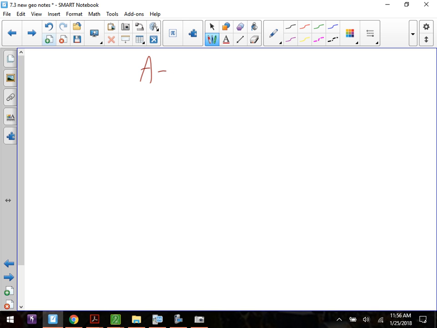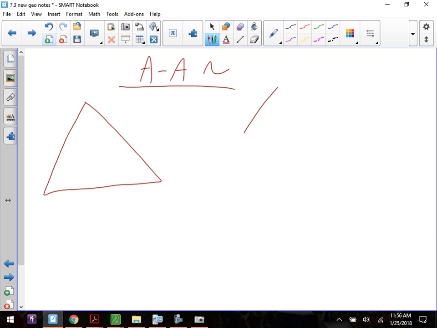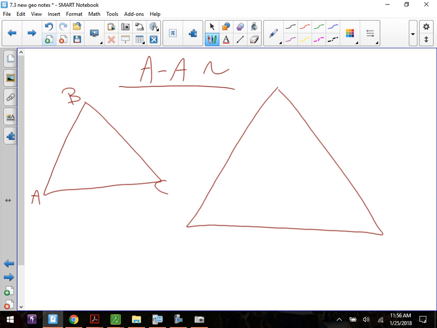So if I do this thing called angle similarity, what that means is this: you have two triangles, and two angles within the two triangles that are congruent.